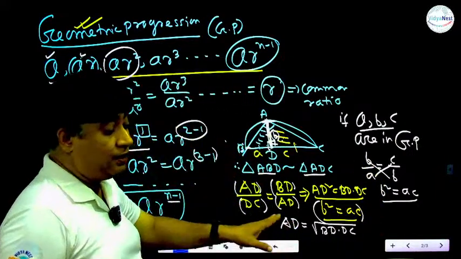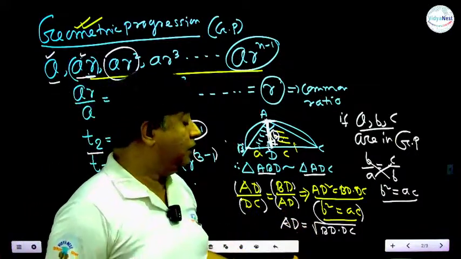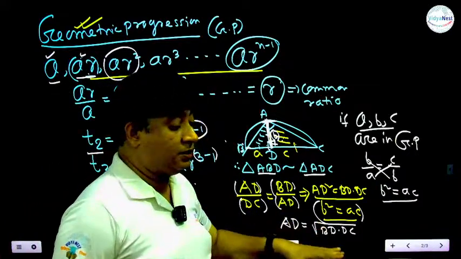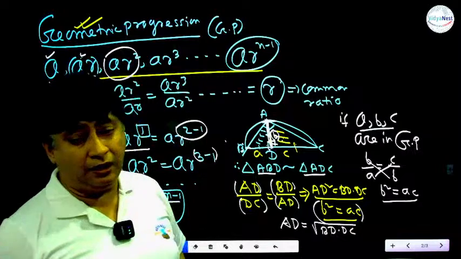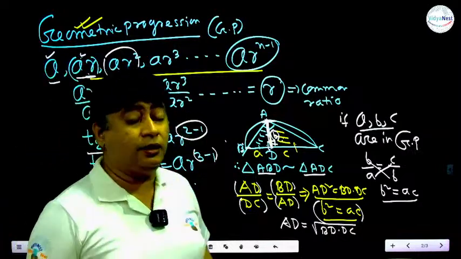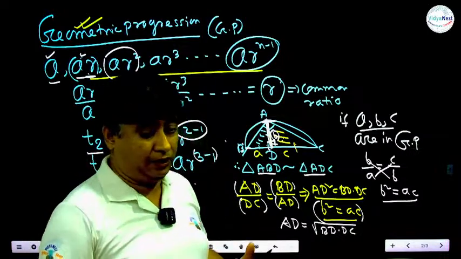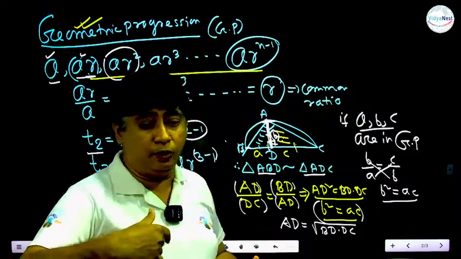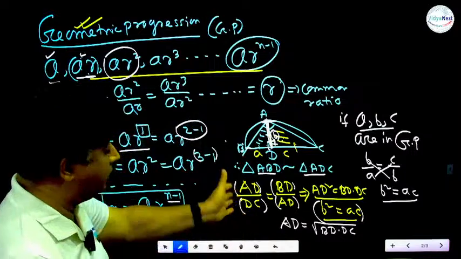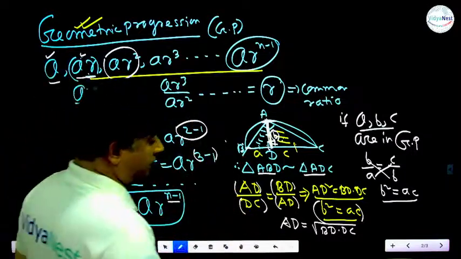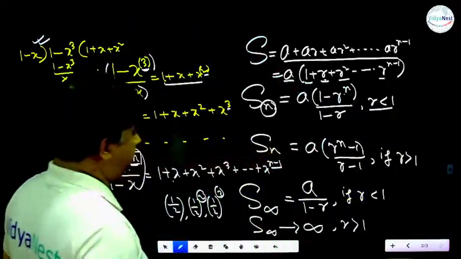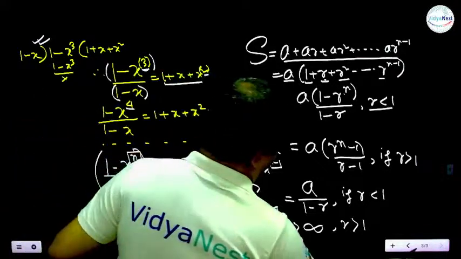So in junior class you got what concept of this? Hope you can remember. In junior class you are told to draw root 21 by root 9.3 in this way. Okay. So we will find out geometric mean.